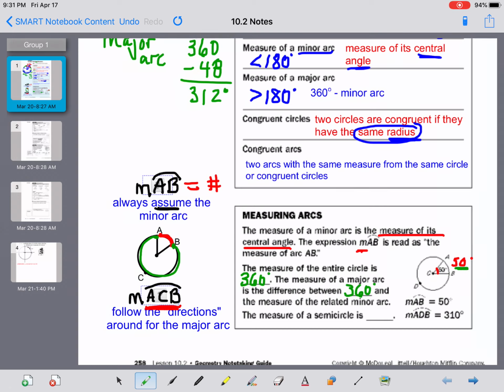If my minor arc is 50, I can do 360 minus 50, and I can get that arc of 310 degrees, sorry, not an angle, an arc, and that 310 goes all the way around here for ADB. And back in the finish of the box, the measure of a semicircle is always going to be 180 degrees. So page 1, a lot of definitions, a lot of just making sure we understand the terminology. Let's move on to page 2.